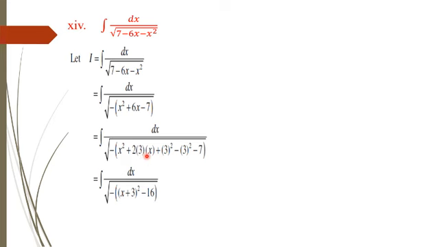This can be written as (x plus 3) whole square, and minus 3 square is minus 9, and minus 7. Minus 9 minus 7 is minus 16. So minus bracket, square of x plus 3 minus 16, brackets closed under the square root sign.